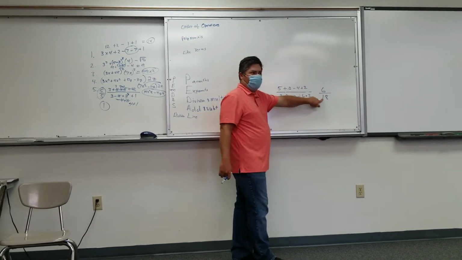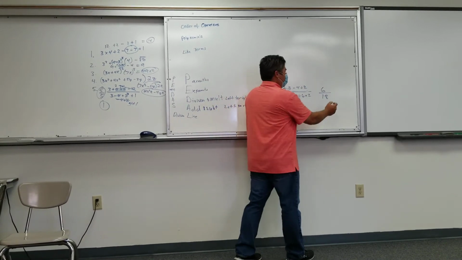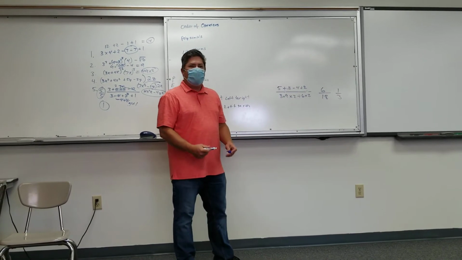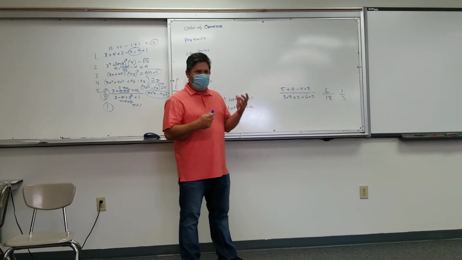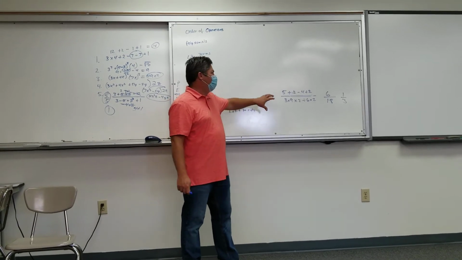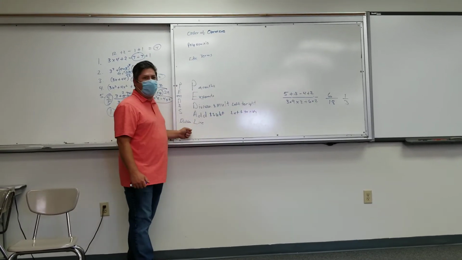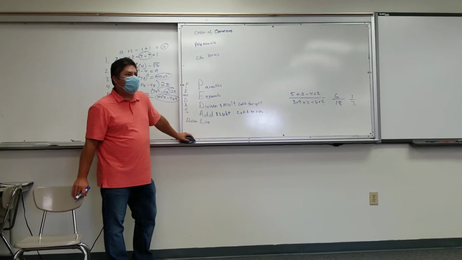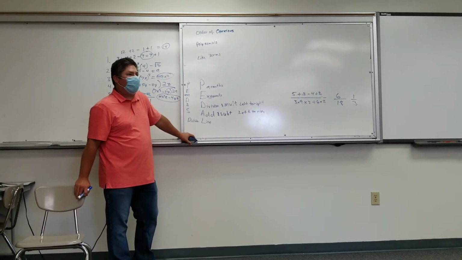Now can I reduce this? Yeah, what will it reduce to? 1/3. Okay? But don't try and reduce before we do that. That'll be a mess. So that kind of explains why the division line comes last. Order of operations. Any questions? You got it, right? You can handle order of operations.